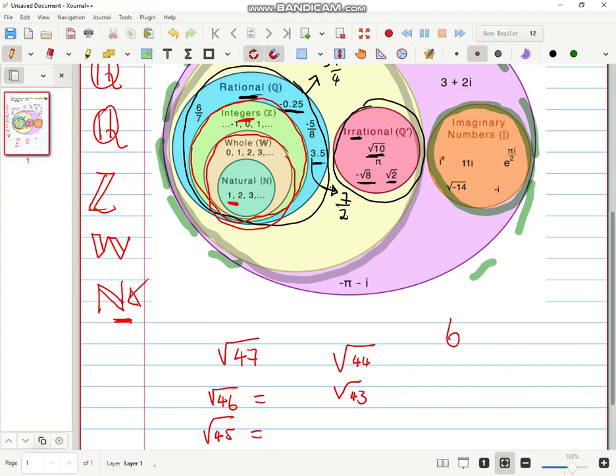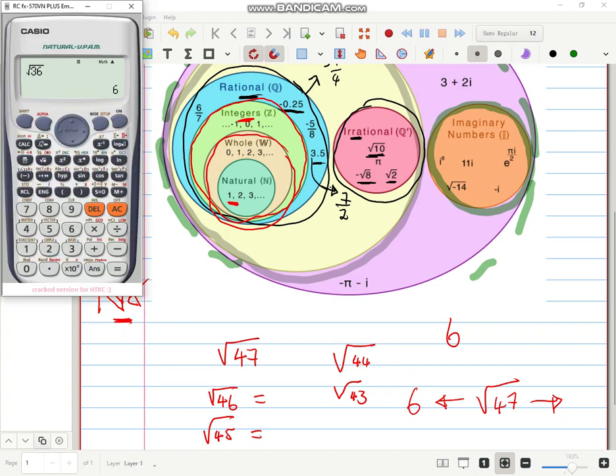So now we know that for square root of 47, going to the left you have 6, and let's see what we get when you go to the right. Because we have 47, square root of 48. It's irrational, as you can see.